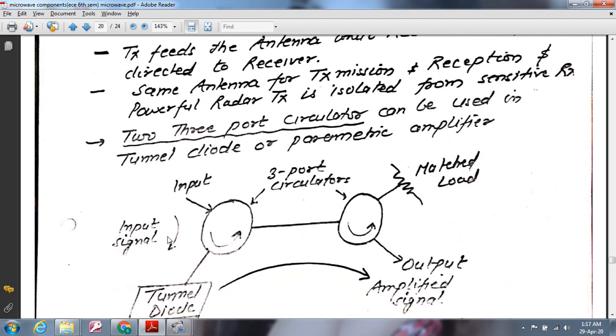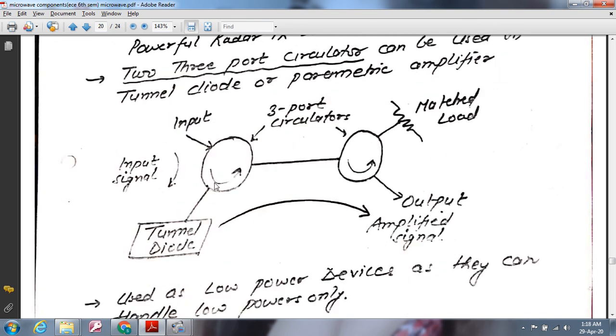Next we have the 2-3 port circulator. The 2-3 port circulator can be used with a tunnel diode or parametric amplifier. Here we are connecting two circulators. This is the first circulator, this is another circulator, this is the input, here we connect the tunnel diode, and here we take the output.